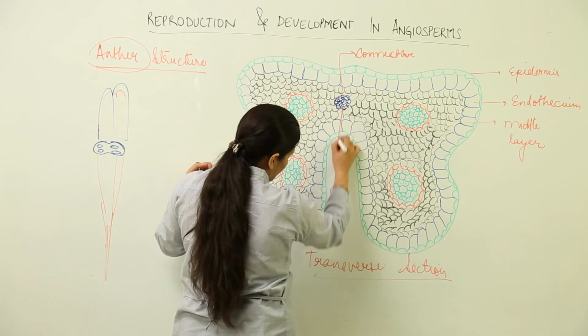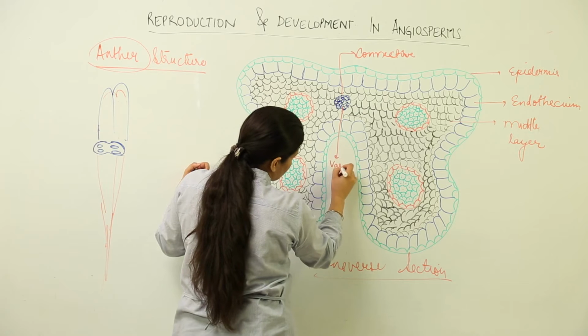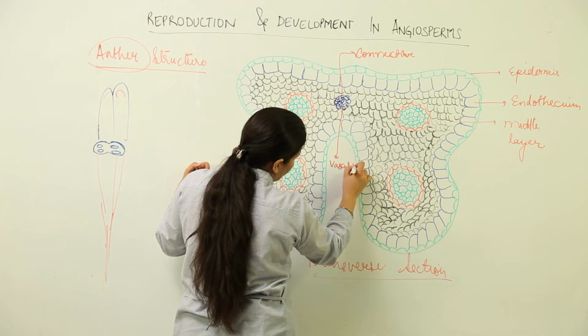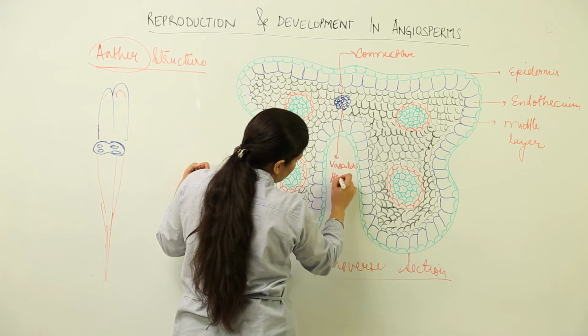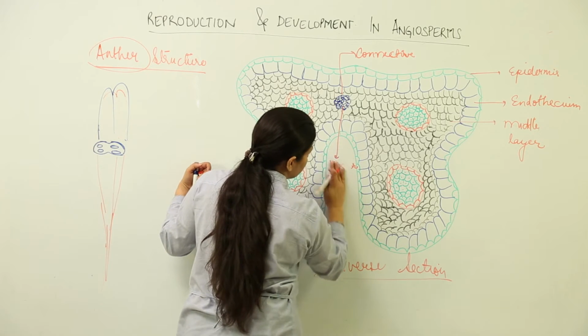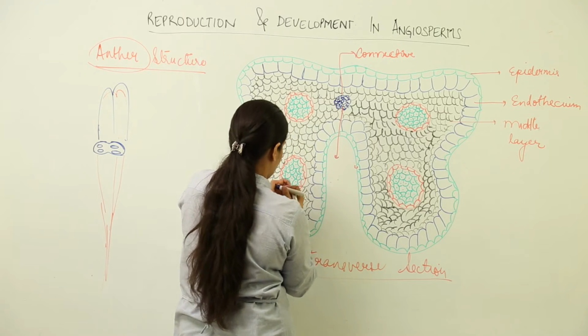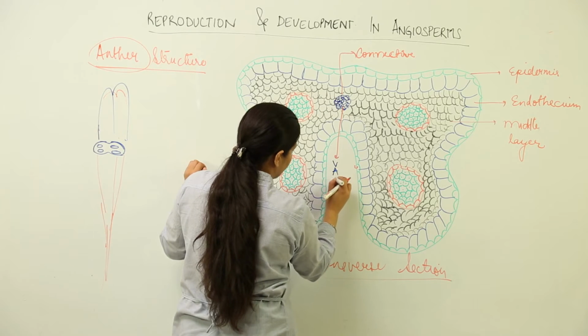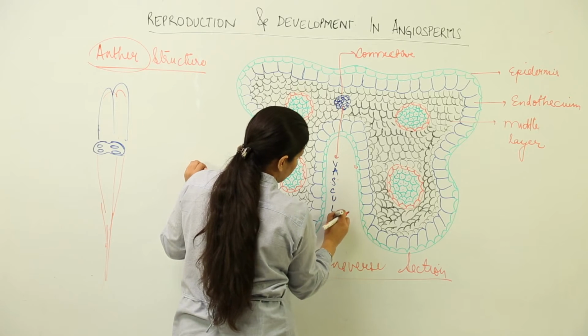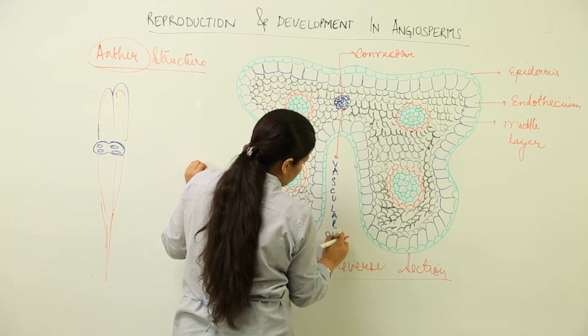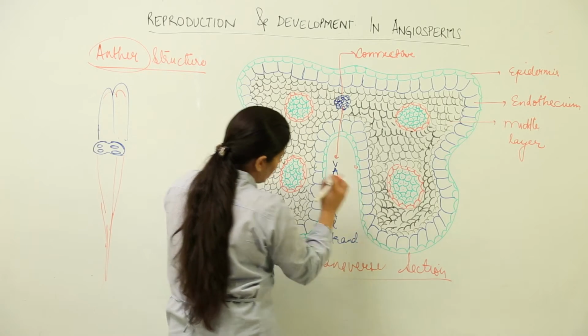This blue part that you see over here is vascular strand. I'm going to write it over here, vascular strand. Okay.